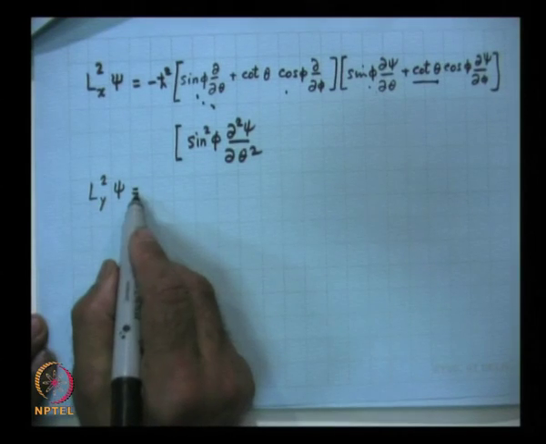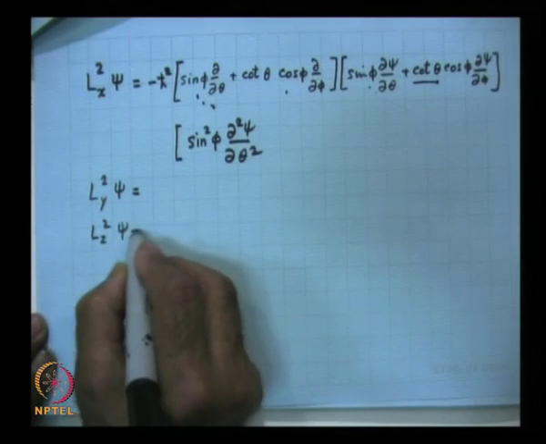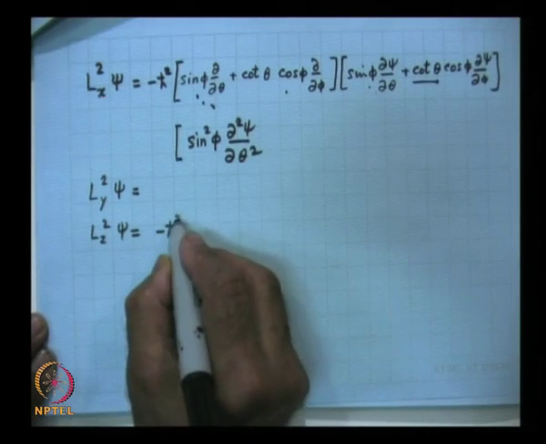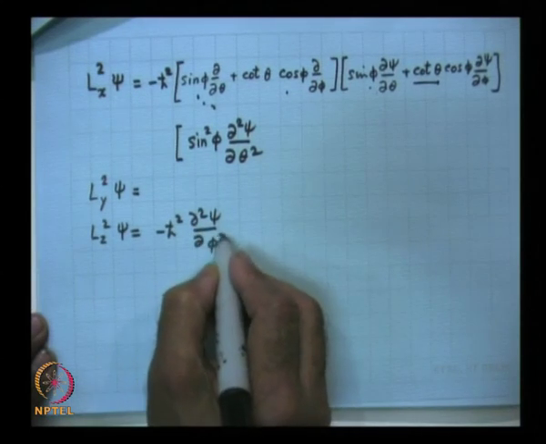Similarly, one can calculate Ly square, and we had already Lz square psi, which was the easiest to calculate, which was h cross square delta 2 psi by delta phi square.